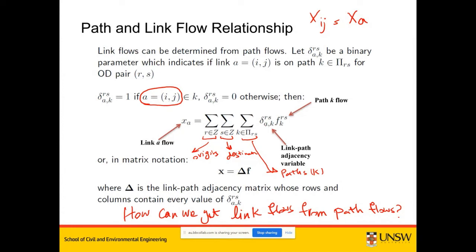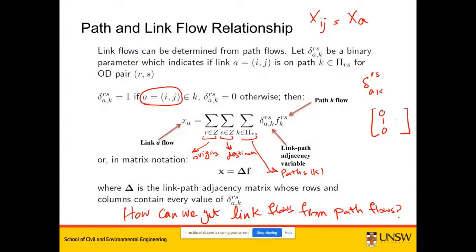So this delta here, is that delta or sigma? That's delta, right? Yeah. So this small delta here, this delta RS AK, is basically representing that link path adjacency matrix that we were talking about.